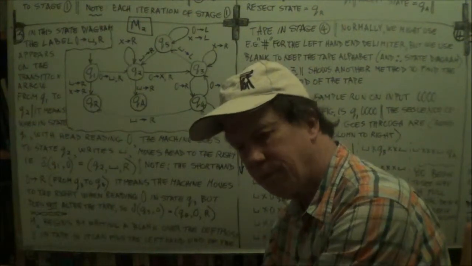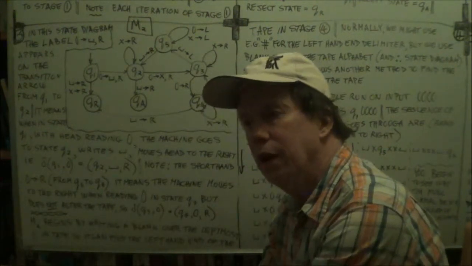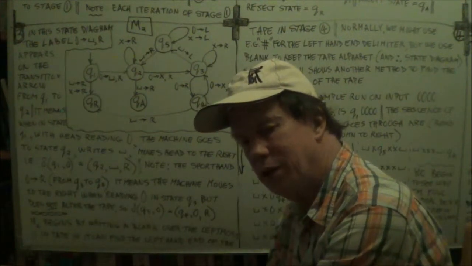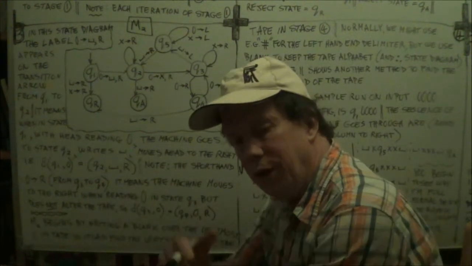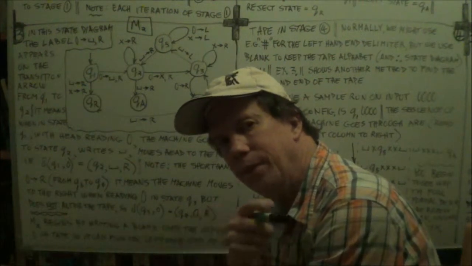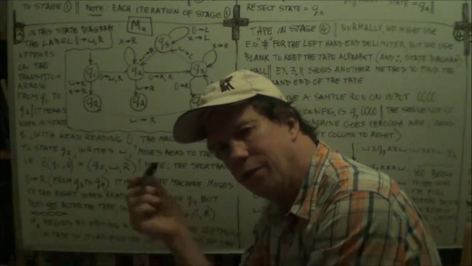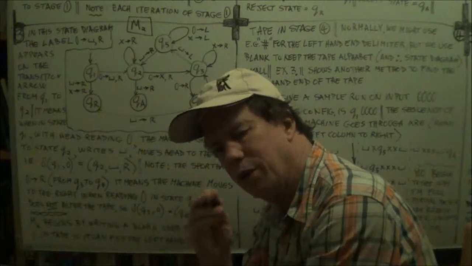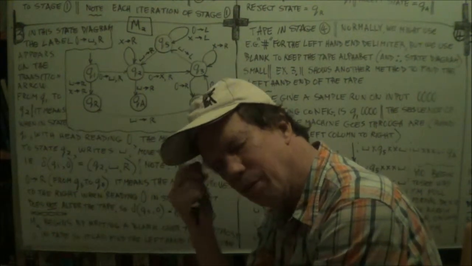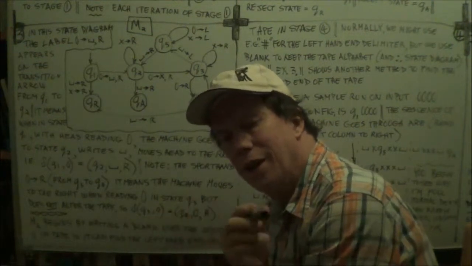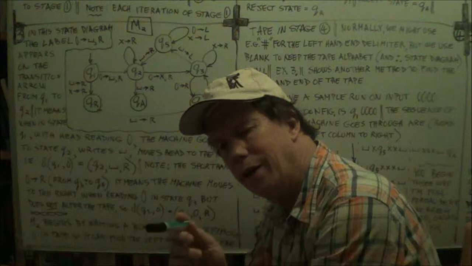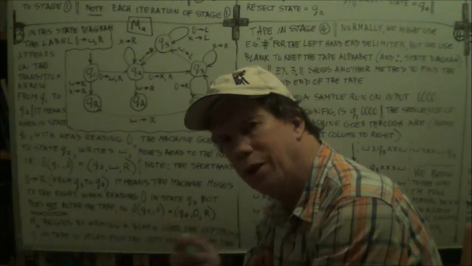And why is that? Well, because eventually, as I was saying before, you're going to come back. You're going to scan across from left to right, putting X's, oh, that's why it's a blank. You're putting X's on every second 0, right? And then you'll come back. But how do you know when to stop when you come back?